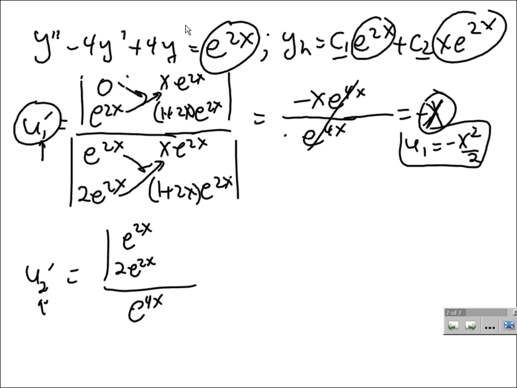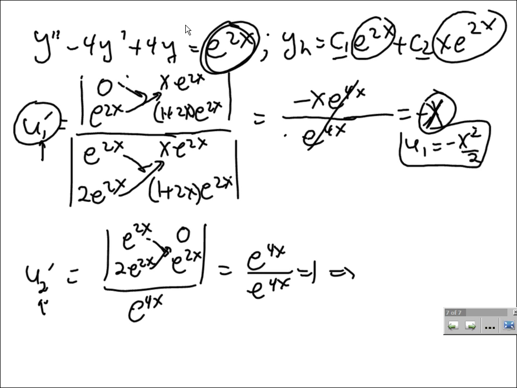But for the second column, I put 0 and g of x, g of x being e to the 2x. And that product is e to the 4x minus 0. It's just e to the 4x. It gets divided by e to the 4x, which is 1. That's sweet. The derivative of u2 gives me 1, then u2 must be x.